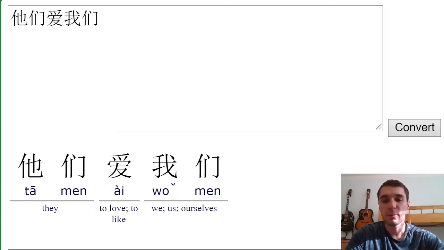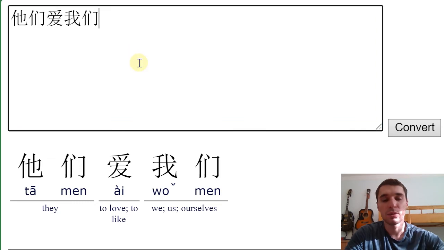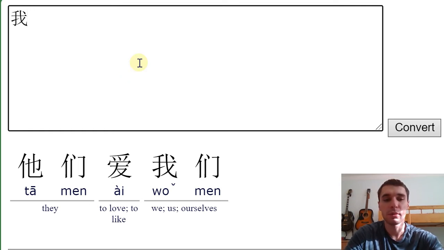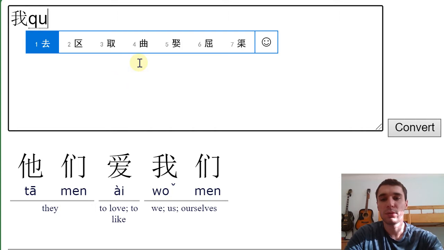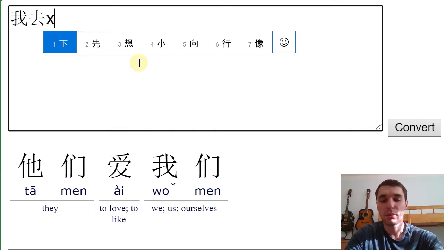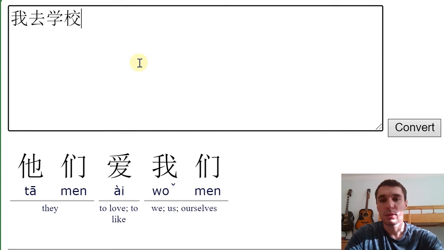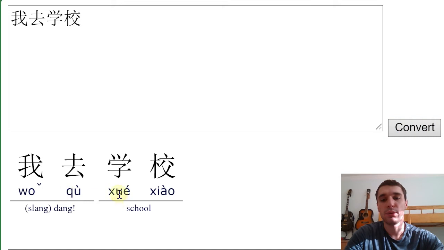Okay, let's think about some other examples. How to say I go to school? 我. How to say go? You saw it? 我去. School, 学校. 我去学校.